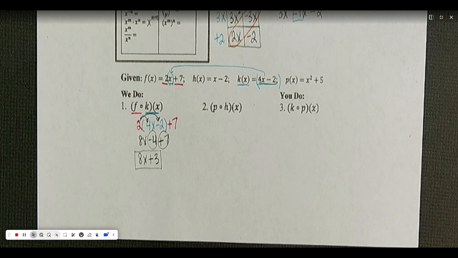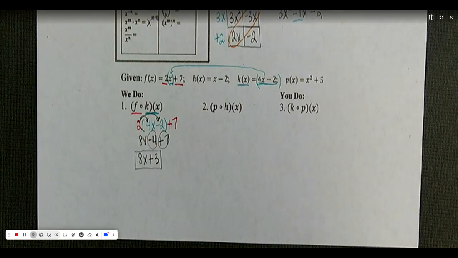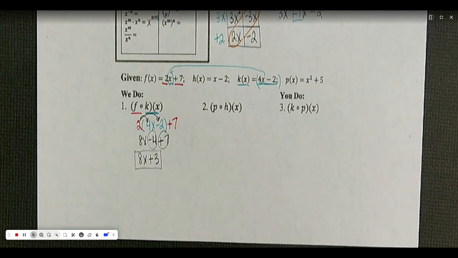All right, let's look at the next one. So my next one, I'm plugging in h of x into p of x. Sometimes colors help people. It's up to you, but it might help you visualize it more.